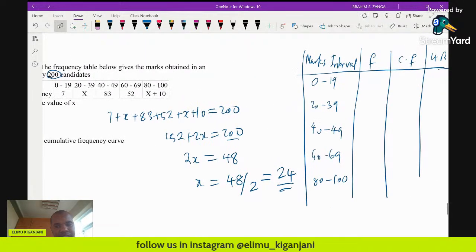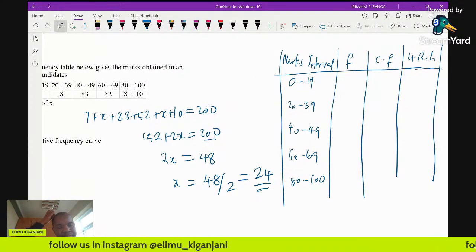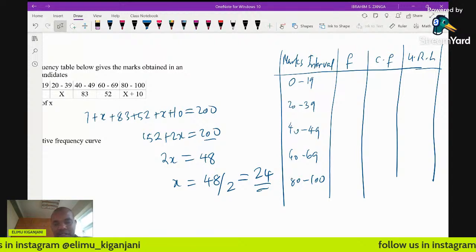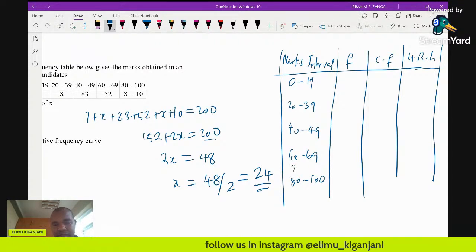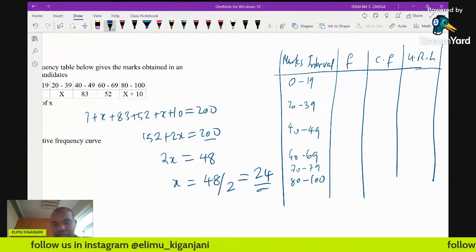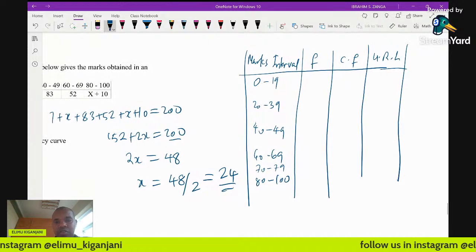So as you can see, it means 70 to 79. Of course, it is 0. So we're going to put the frequency.